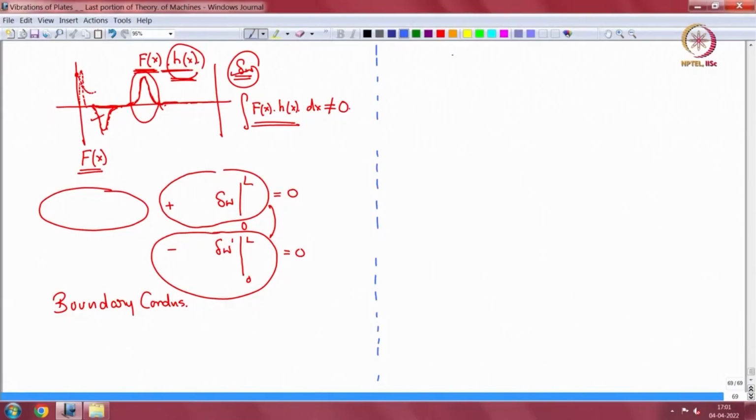Okay, so first one thing I want to do is derive the Euler-Bernoulli beam equation using force balance.